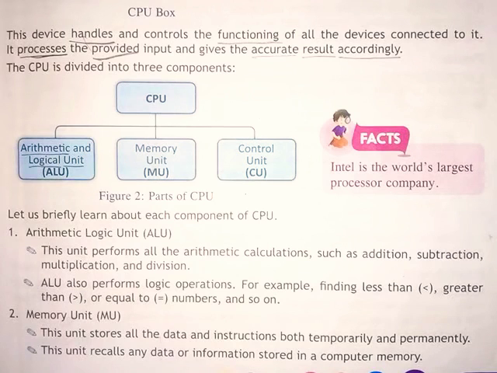Arithmetic Logic Unit, ALU. This unit performs all the arithmetic calculations such as addition, subtraction, multiplication and division. ALU also performs logic operations, for example, finding less than, greater than, or equal to numbers and so on.